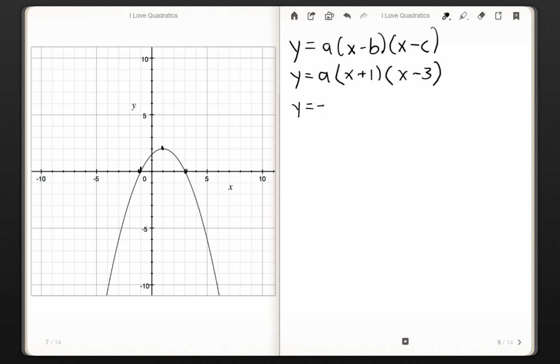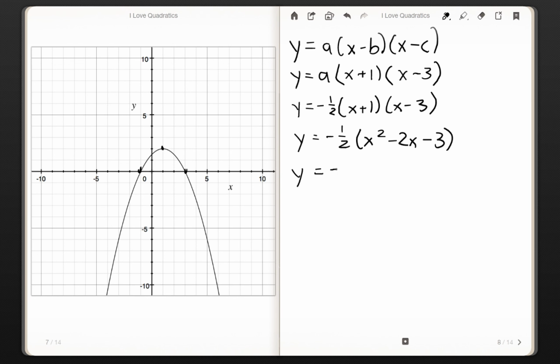So we have just shown that a is indeed -1/2. And we will just convert this to standard form. There we go.